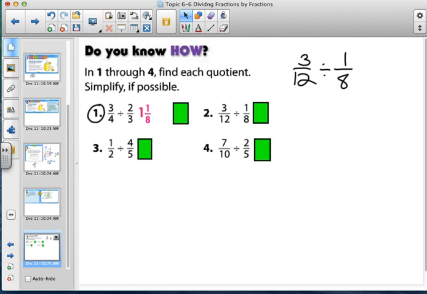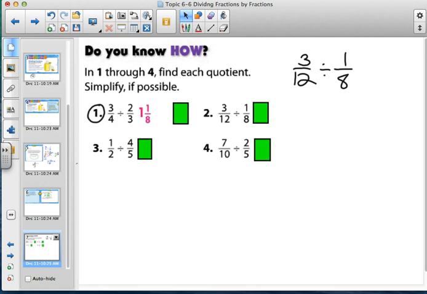And again, if you have questions and you're not sure, raise your hand as I'm walking around looking. I have 3 different answers from 3 different people.